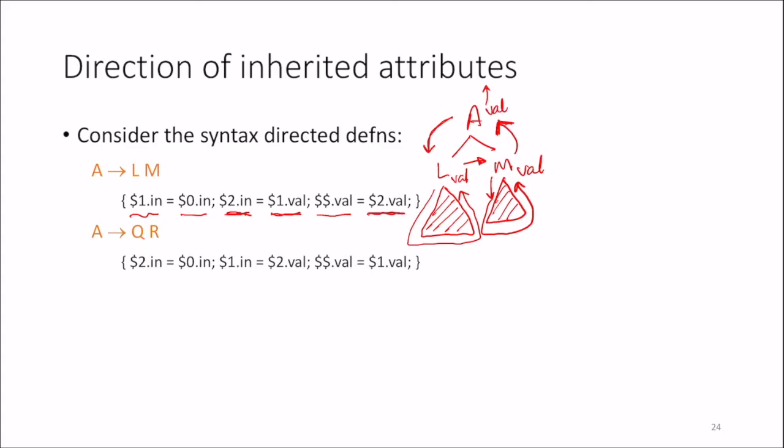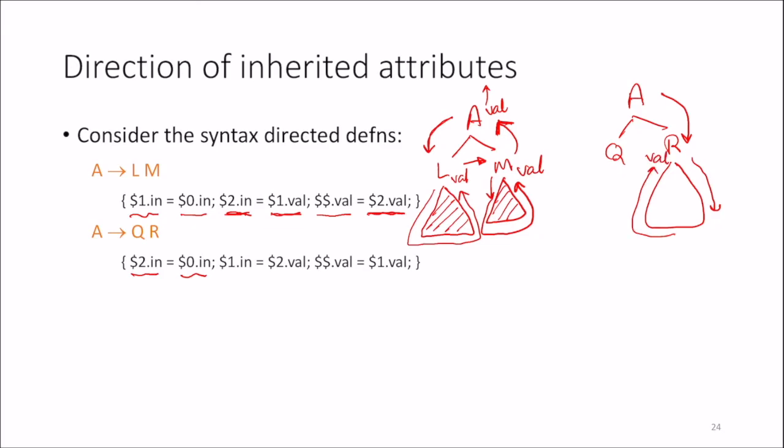Now let's look at the second case, which is A goes to QR. Now it says $2.in is equal to $0.in. So this is $2 passing the value down to R. It's taking this value and moving it down. And once it's done with it, we get a value created from it, which is val.